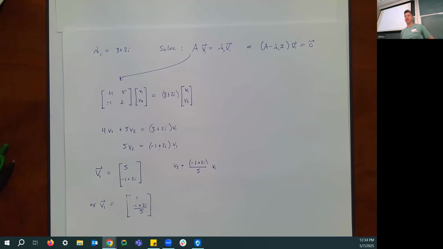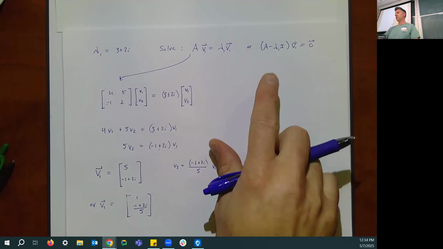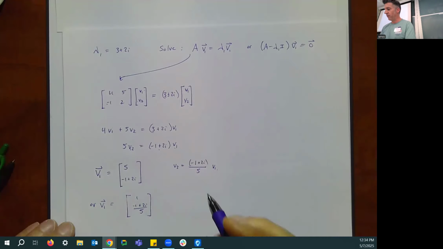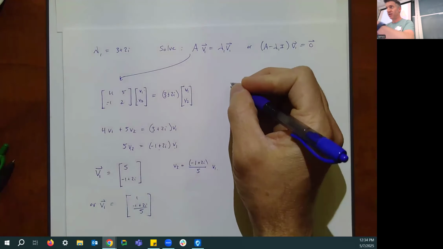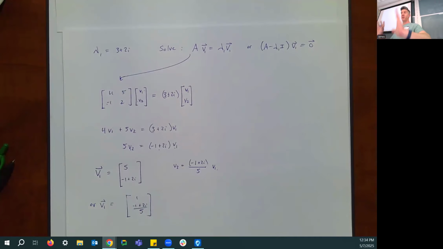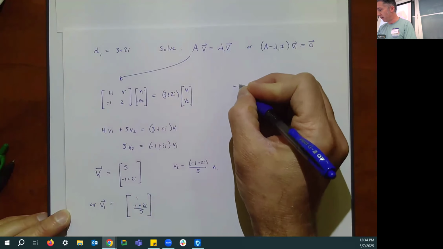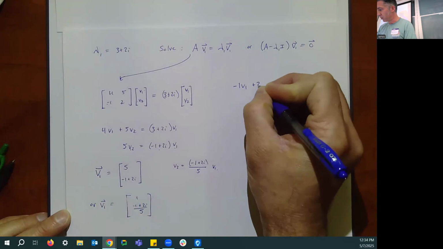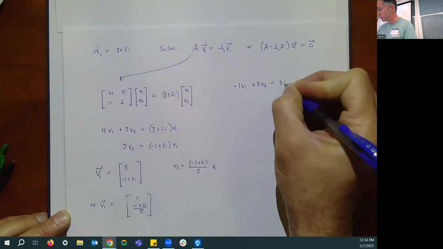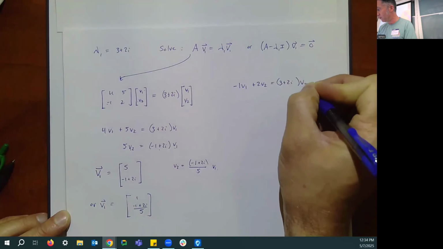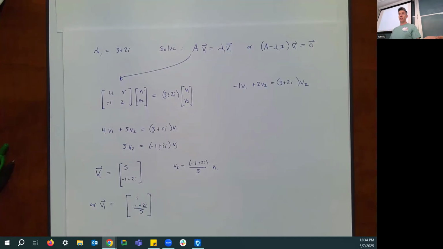That's an excellent question. Let's find out. So your question is actually going to expose the thing I just said. If we use the second equation instead, negative 1 times v1 plus 2 times v2 equals 3 plus 2i times v2. Now I'm going to bring all my v2s to the right-hand side.